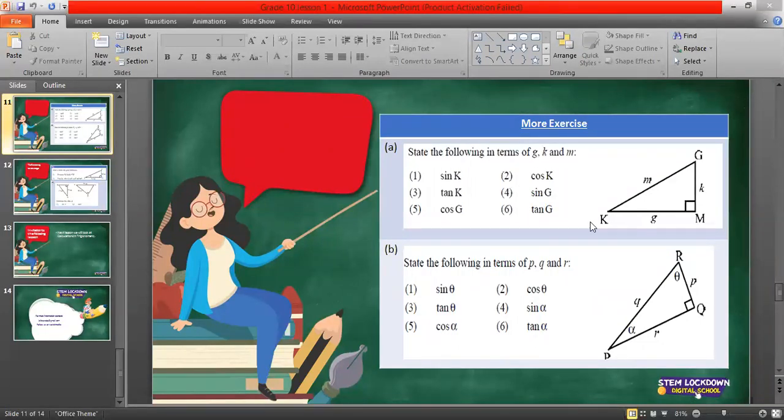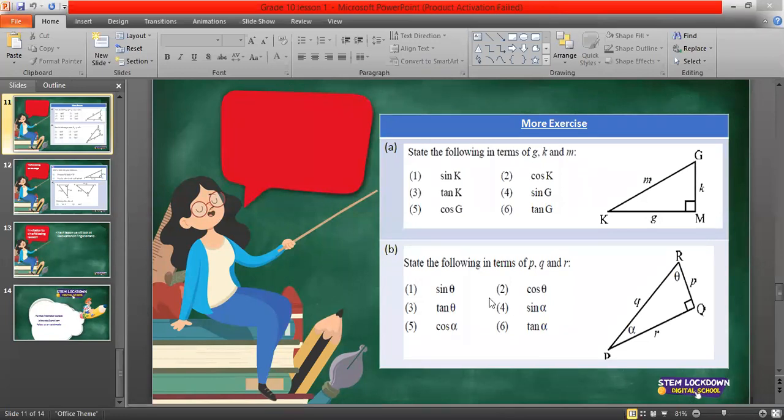Then tan G. TOA means opposite over adjacent. Opposite is g, adjacent is k. So tan G equals g over k.